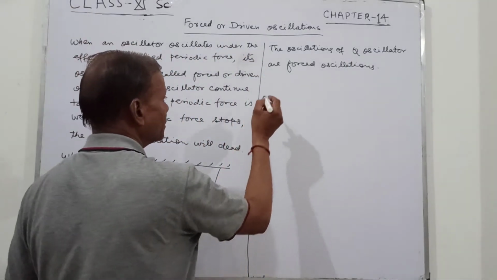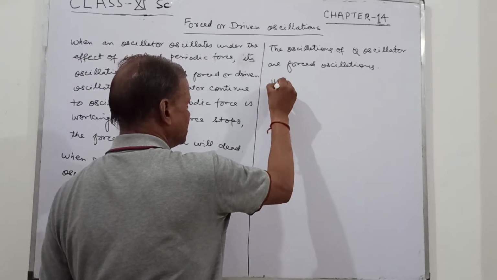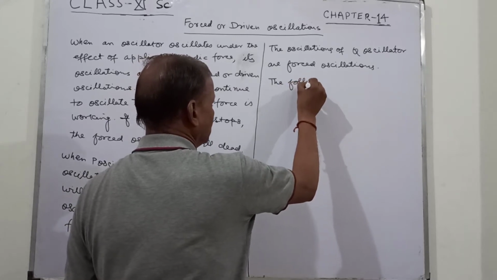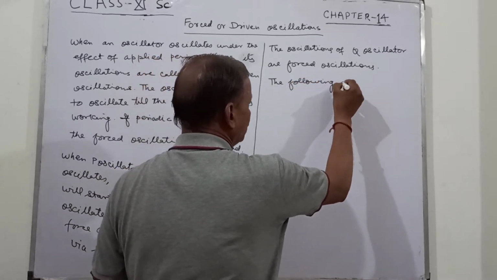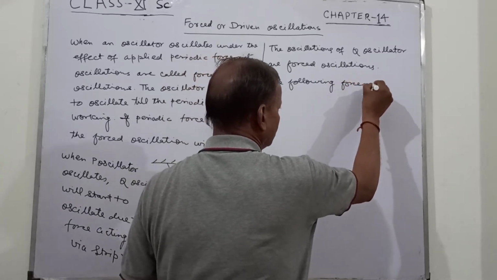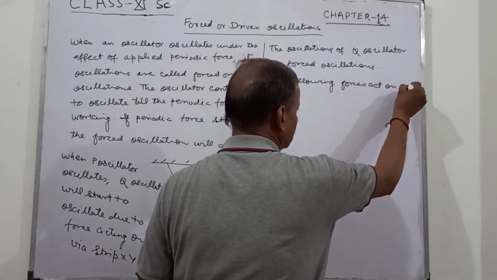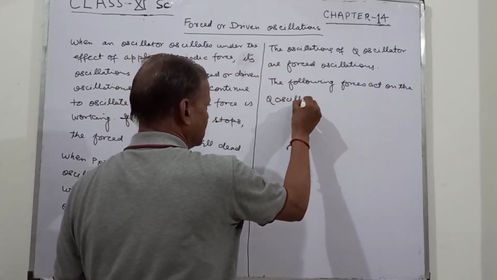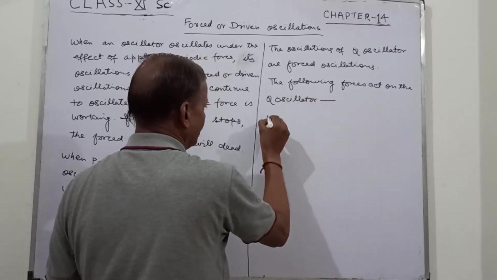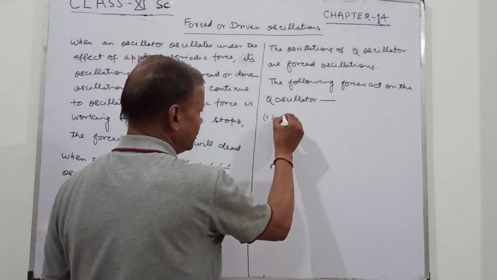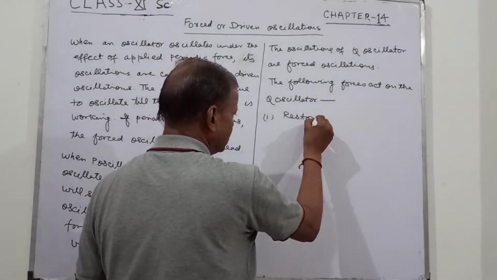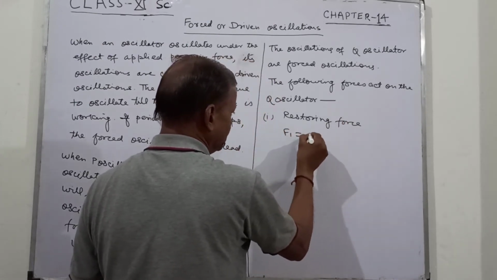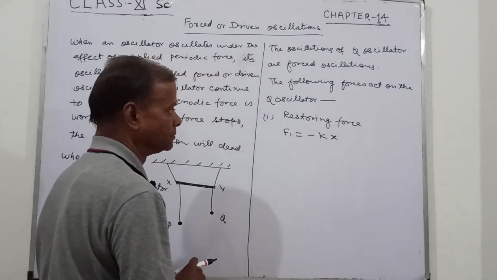So the following forces act on the Q oscillator. Number one, restoring force, F1 equal to minus Kx.